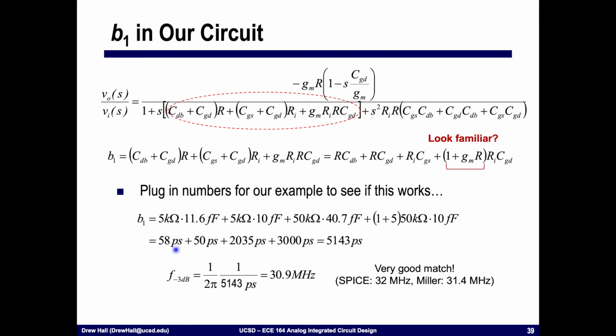And 1 over 2 pi times 5.1 nanoseconds would give me a bandwidth of 30.9 megahertz. Okay? And so you recall, Spice said 32 megahertz. Miller's theorem and Miller's approximation gave us 31.4. We're only slightly under here with 30.9, telling us that there's a marginal error in disregarding the zero and the non-dominant pole in this circuit.